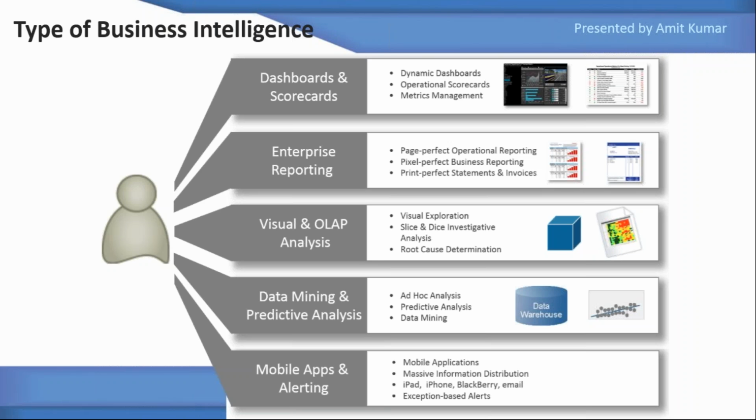Dashboards are just a single window where you have different kinds of heterogeneous objects. Say you have a report, a Google map, a bar chart, a pie chart, a button to zoom, a filter to slice and dice, and a filter to put in your parameter and filter your data.